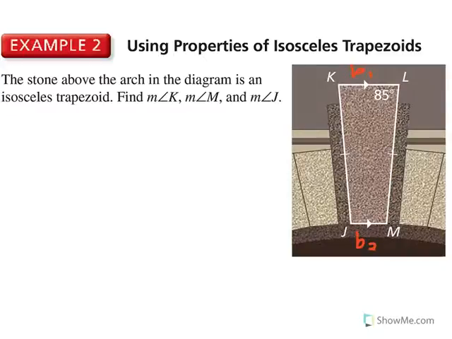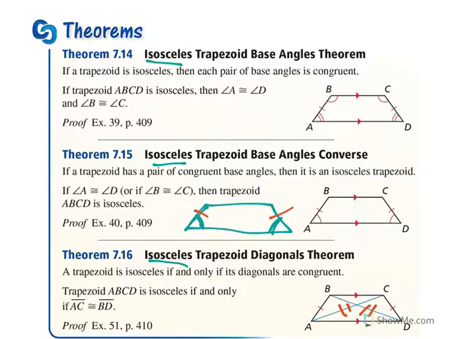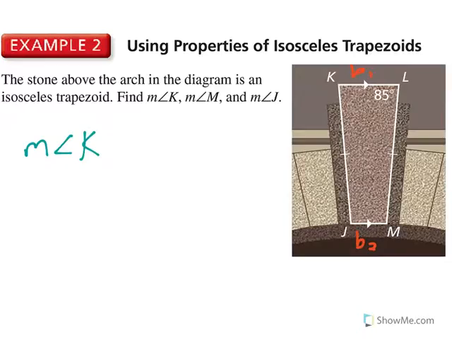And it asks us to find the measure of angle K first. So let's look at it. We said that when we have an isosceles trapezoid, it follows that each pair of base angles is going to be congruent. So in our example, since we know it's an isosceles trapezoid, as the problem tells us and the picture shows us, my base angles are going to be congruent.